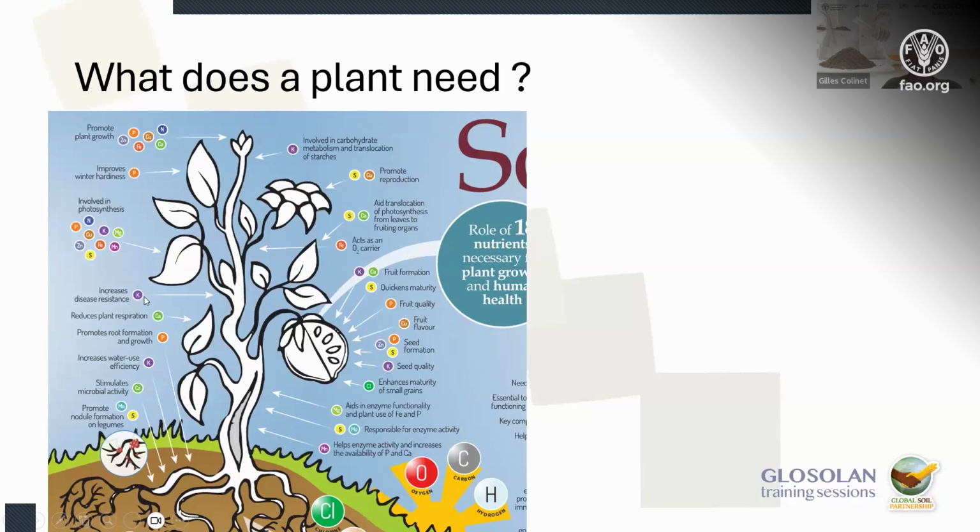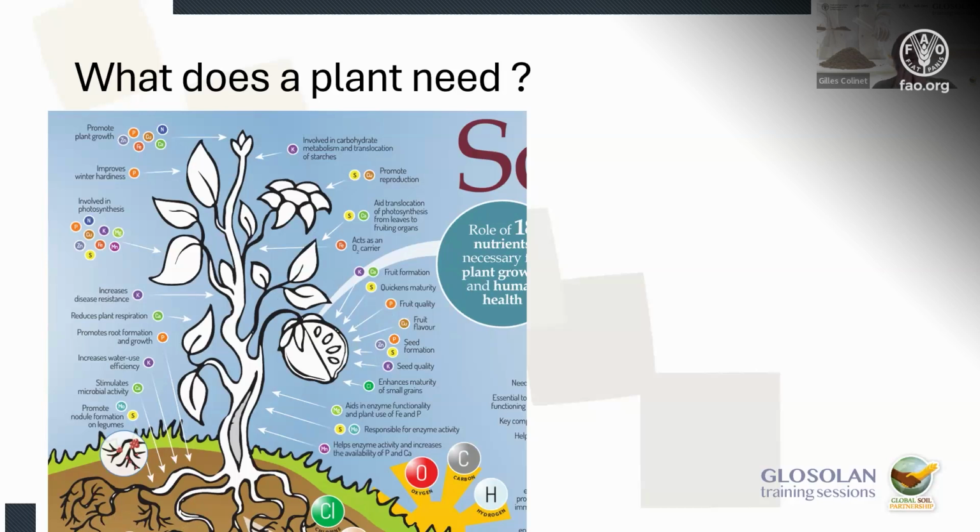Others will increase the disease resistances, reduce the plant transpiration, stimulate microbial activity, enhance the maturity of the grains, favor the quality of the fruit, and so on. So you see that the elements are involved in all the processes of the plant development and all the processes that make yield of good quality.